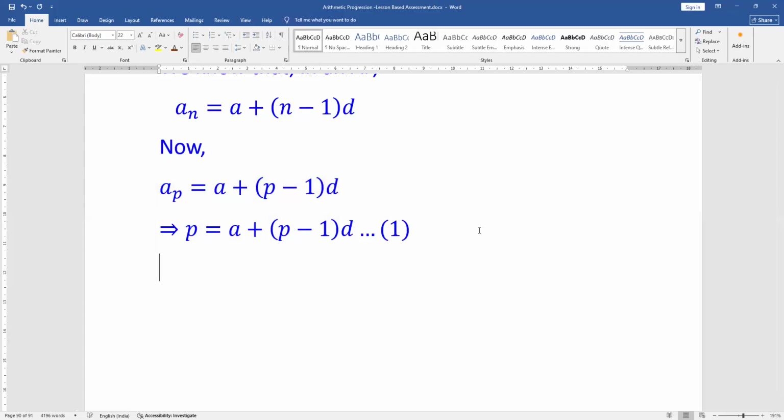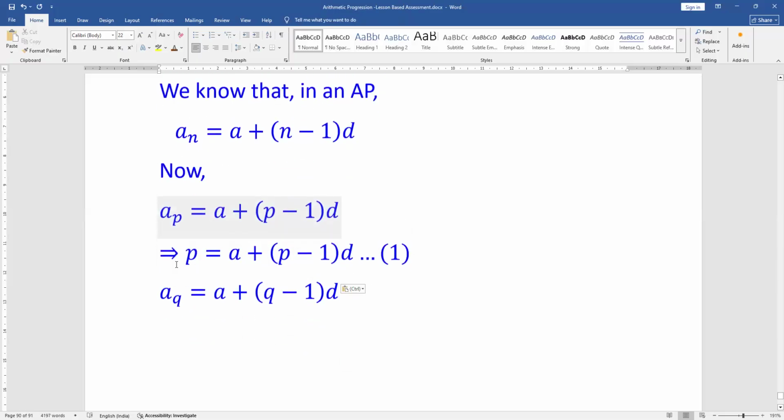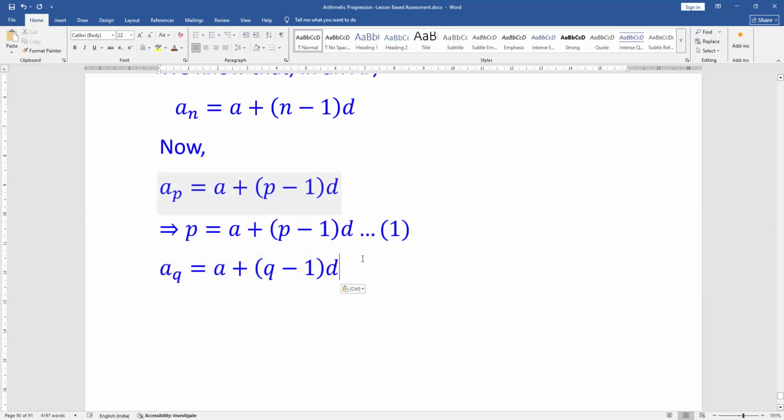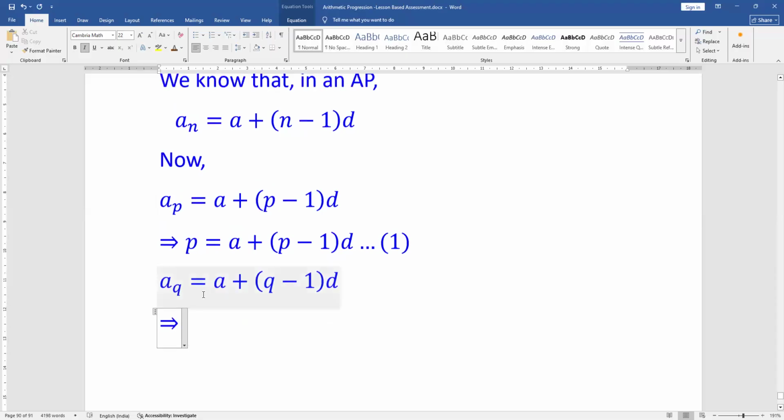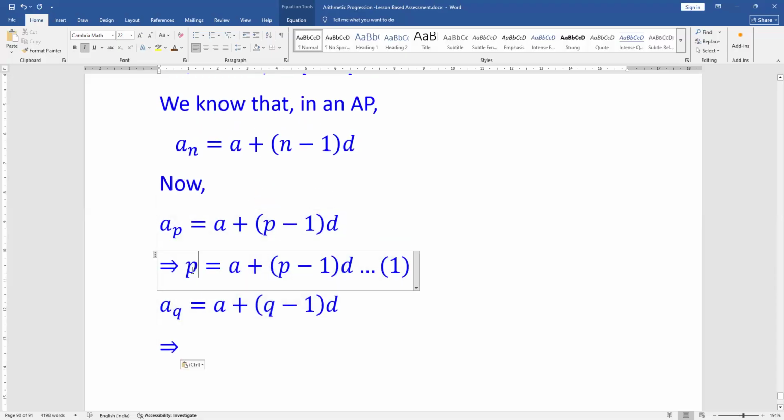Then similarly, you have AQ is equal to a plus q minus 1 into d. Same way, instead of n, you are going to replace it with q. So what is AQ? AQ is nothing but p.